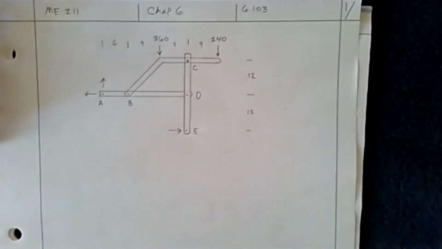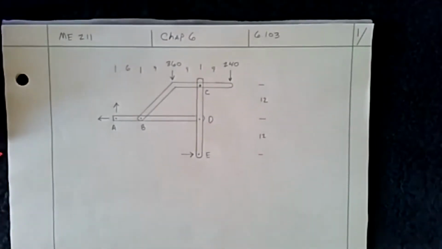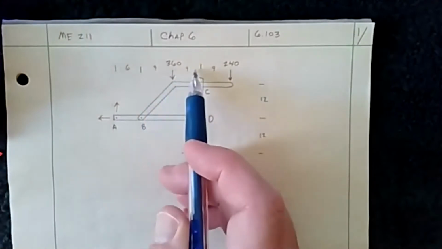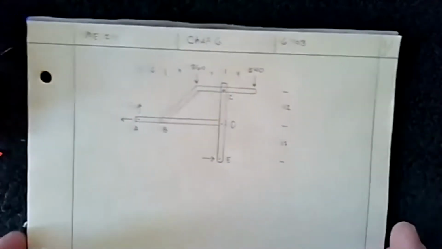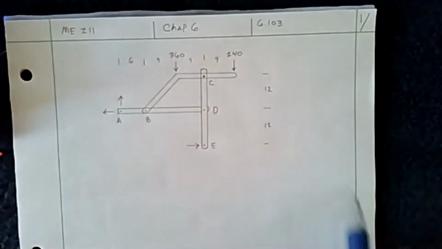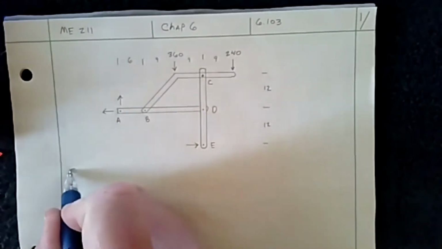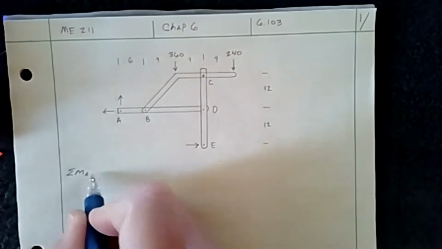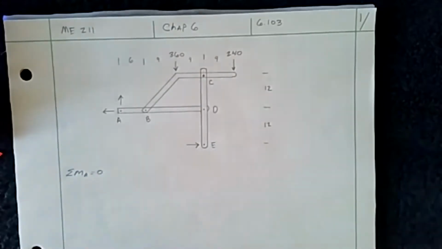So here's that structure. There's our distances, 6, 9, 12, 12. Now there's our A reaction, there's our external D. So if I sum the moments about A, 0, I know you guys can see that.